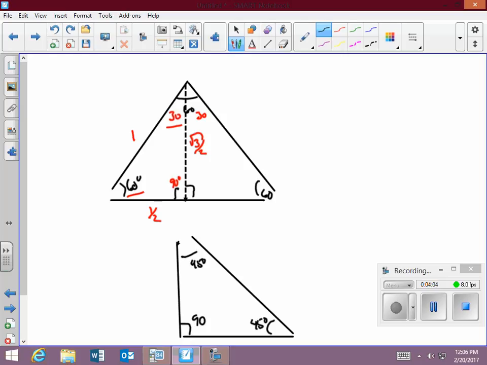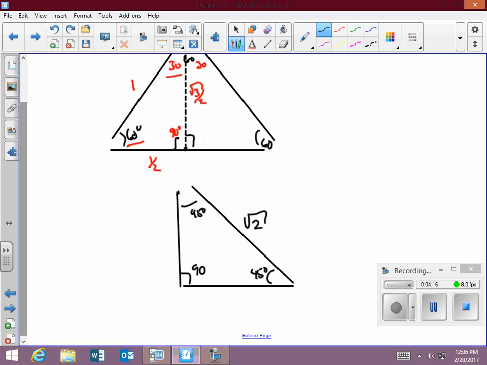Then they're showing you the ratio of the sides, with an explanation on page 139. This hypotenuse is the square root of 2. This is 1 and 1. Sometimes you do the ratio. The hypotenuse is 1, and this is 1 over the square root of 2. Sometimes you see it written that way.